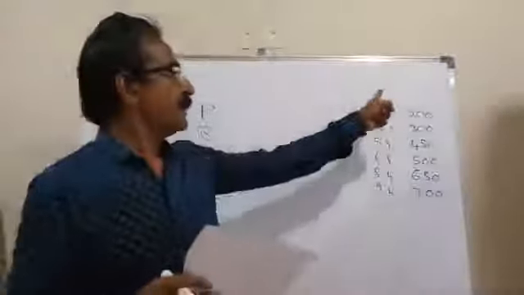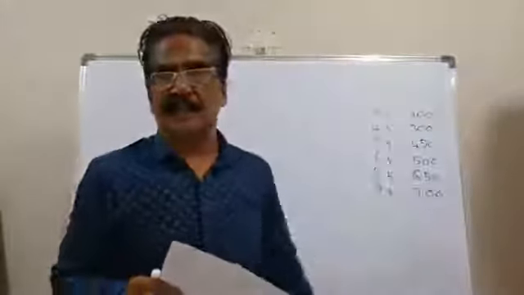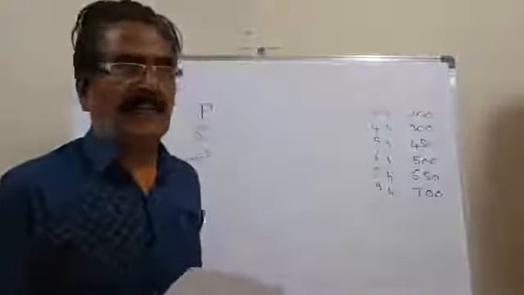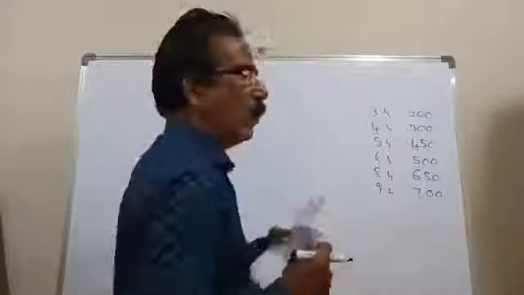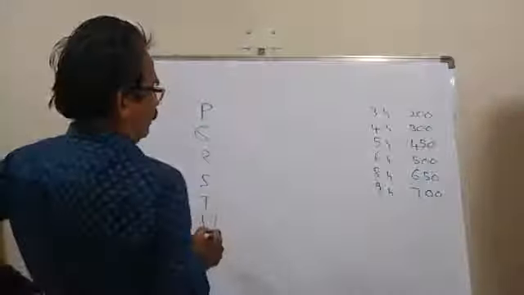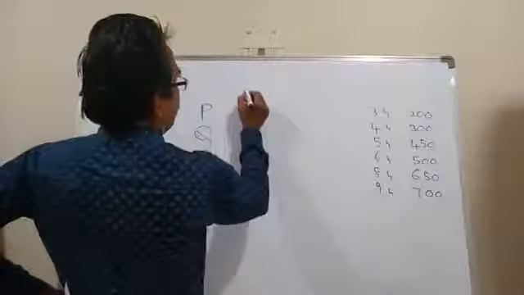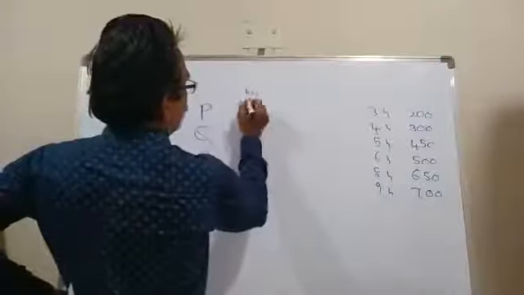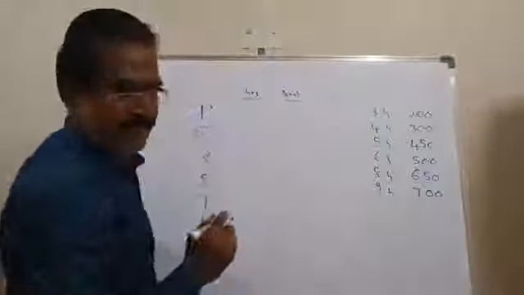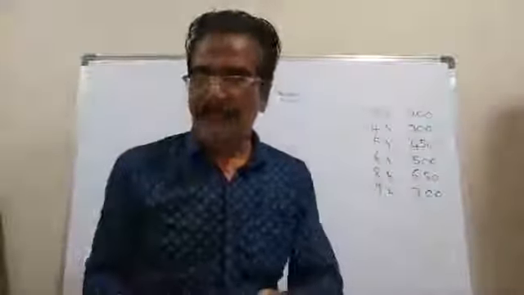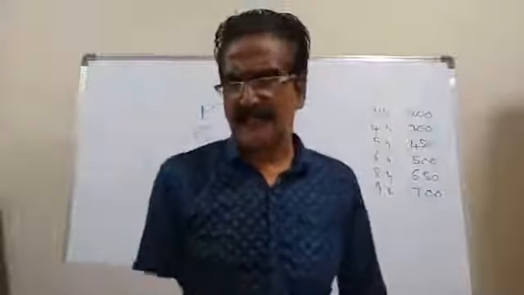These are the number of working hours and these are the amounts. Now let us find who is working how many hours and who is earning how much. Here the persons, here hours, here the amount they earn. Now let us read the directions.